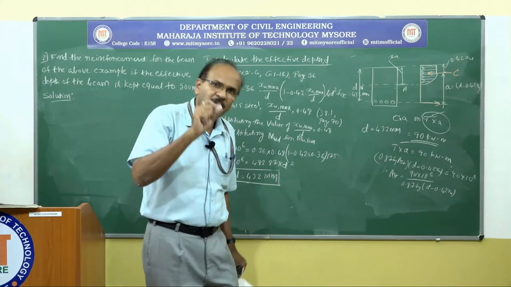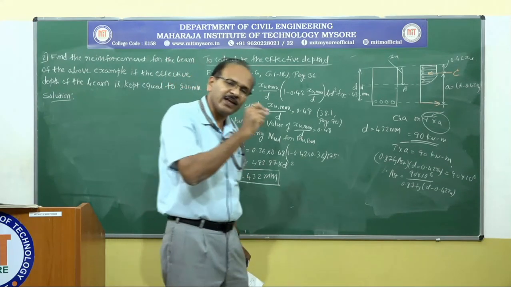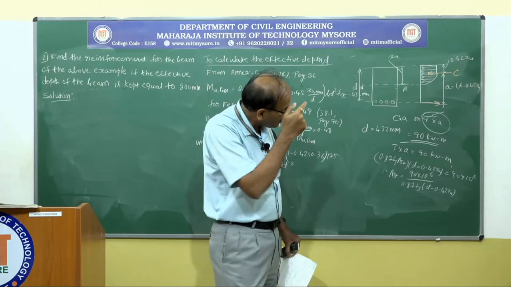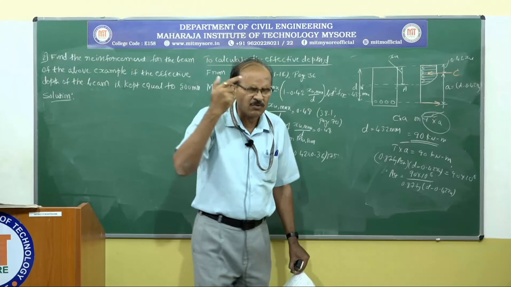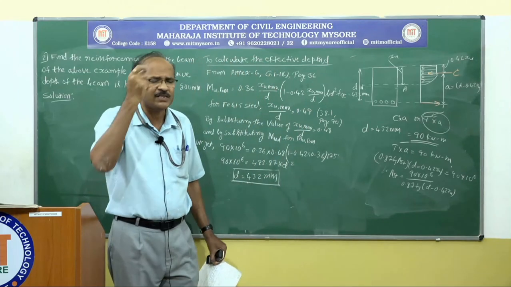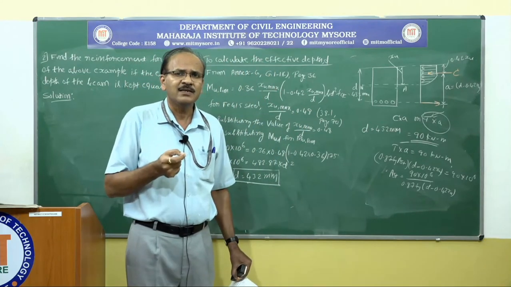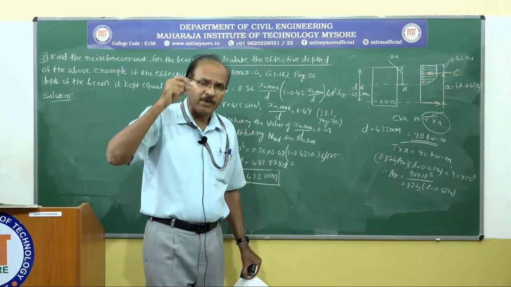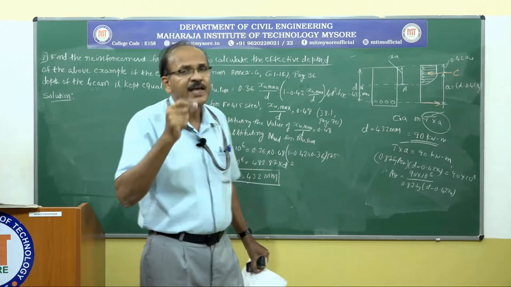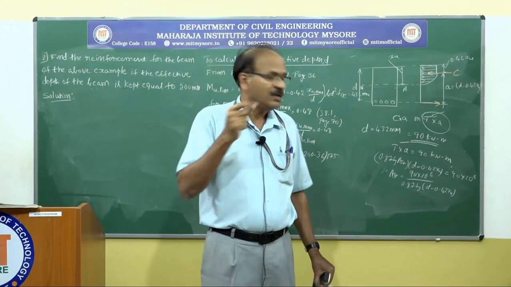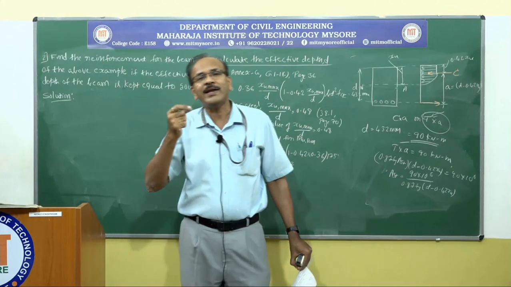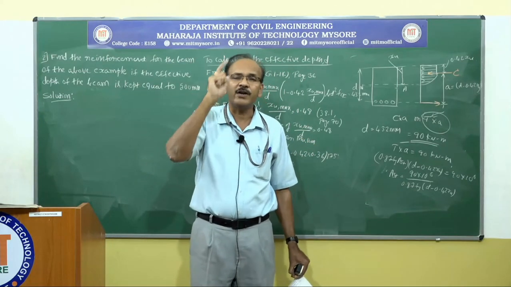Okay, we need to find out what is the area of steel required. So, I repeat, once you increase the effective depth to 500 millimeter, from the previous example, for a balanced section, we need D equal to 432 millimeter. In this case, it is 500 millimeter. Automatically, the section becomes under reinforced.